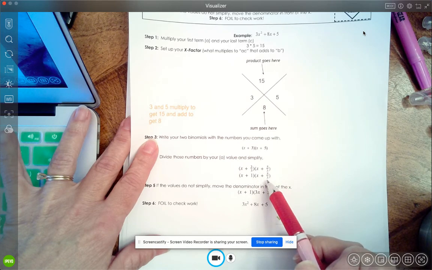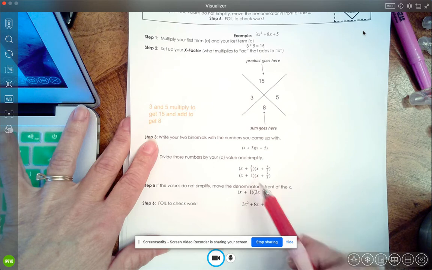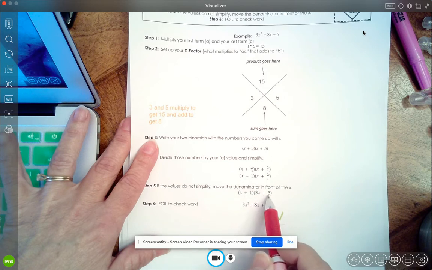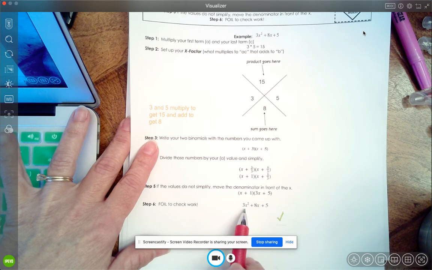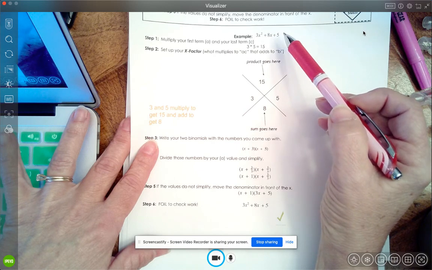If it doesn't simplify, I need to move it right over there in front of the x. And I have x plus 1. That one simplified. 3x plus 5. I just moved this 3 right over here, and I have 3x plus 5. When I multiply these back out, they worked, because right here I have the exact same thing as I had up here to begin with.